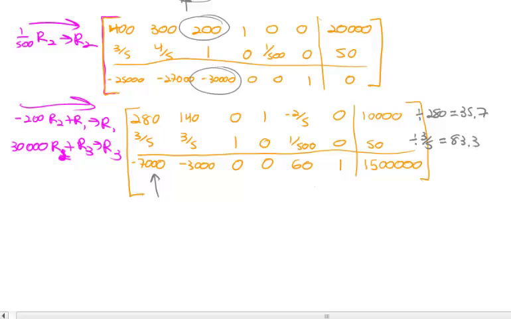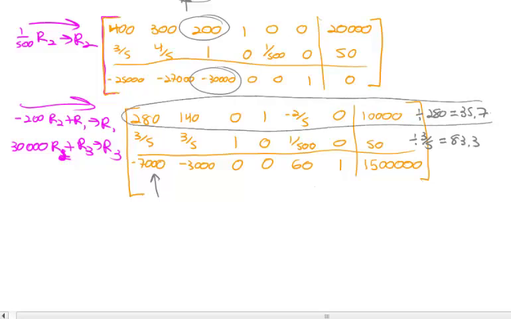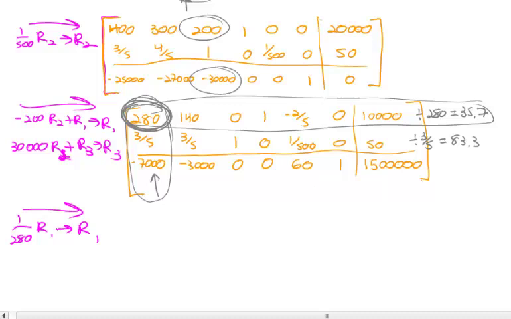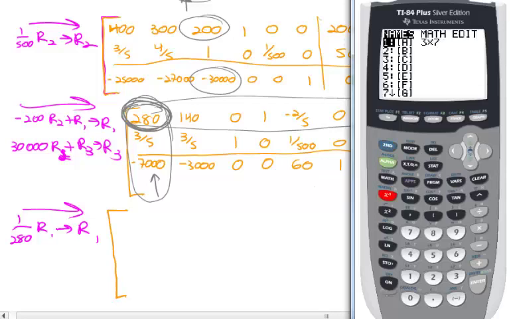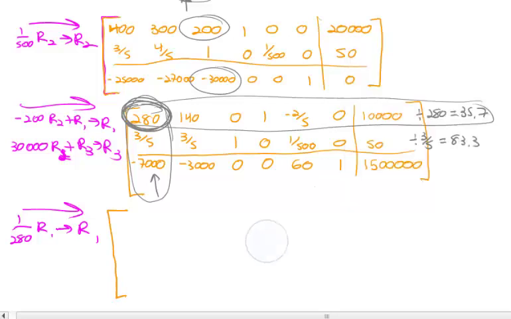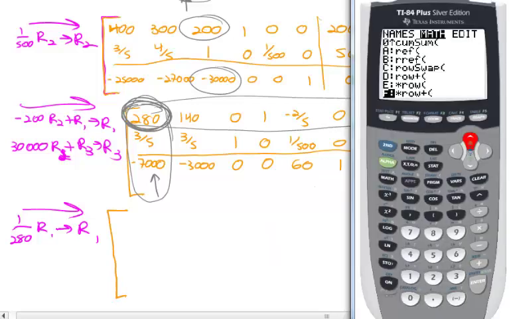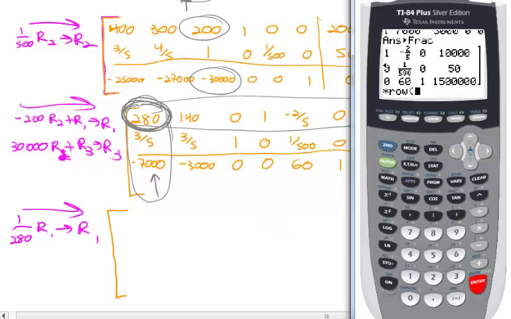We just need to know that the first row and the first column give us the pivot at the 280 point. So we need to get rid of that 280 by multiplying by the reciprocal, 1 over 280 times row 1, to get our new row 1. So on the calculator, second matrix, over to math, and up twice to get to multiplying.